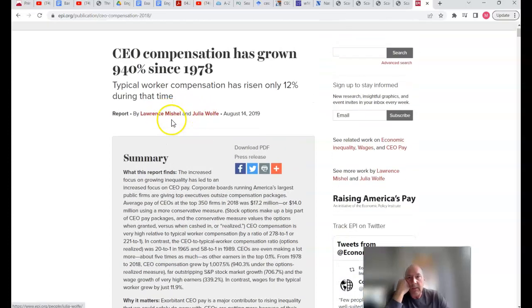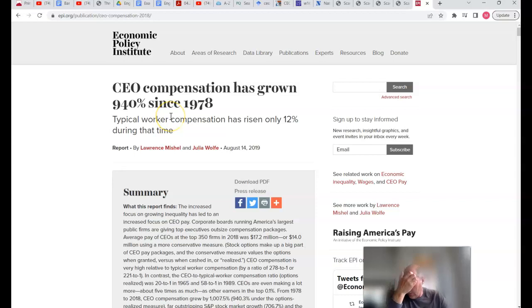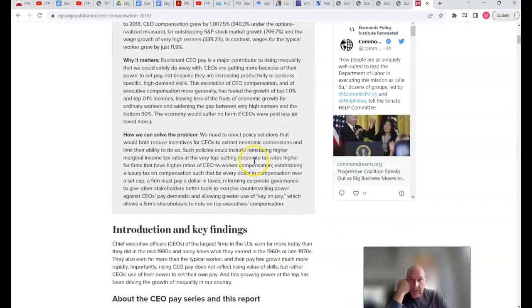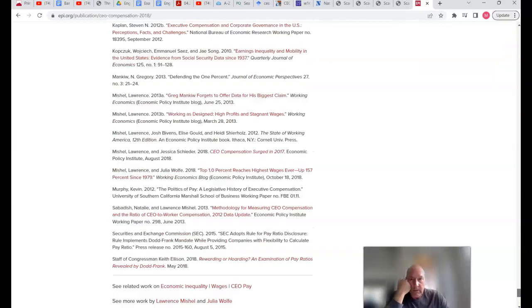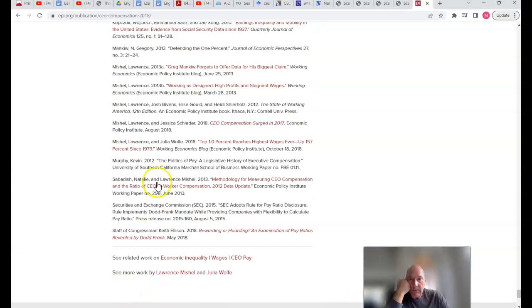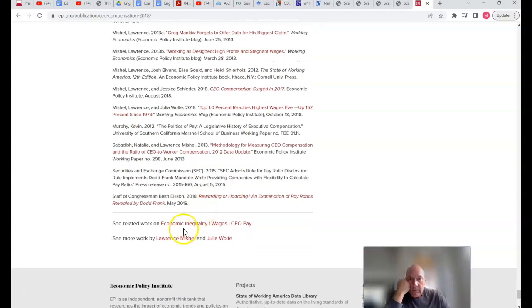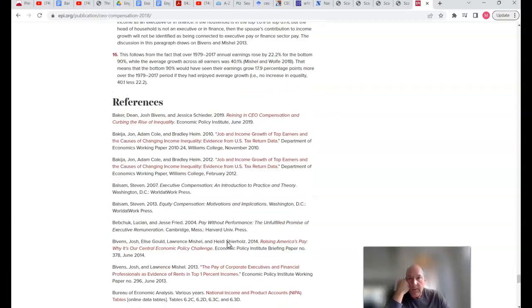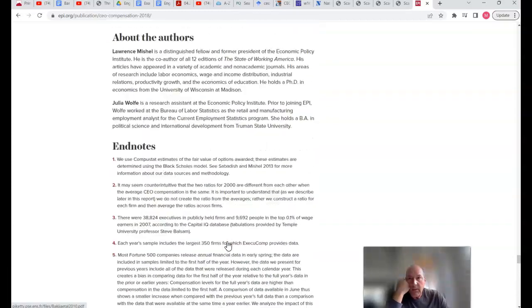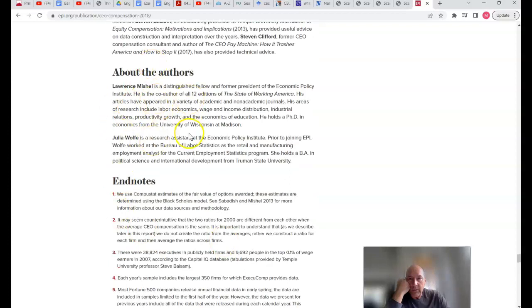I mean, it's written by the Economic Policy Institute as a publisher, and maybe we look at who these people are. And in fact, we see at the bottom of the article, there is an about the author section, so we can read this and decide whether we think they're good enough.